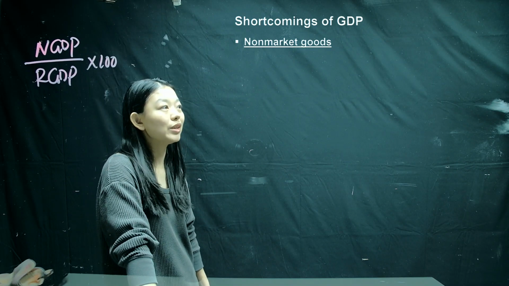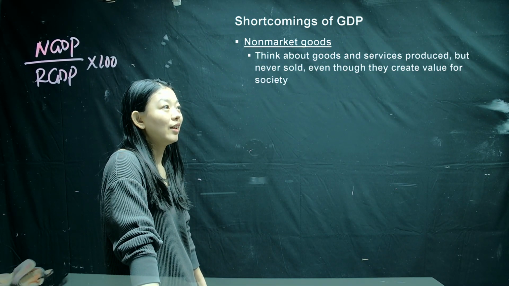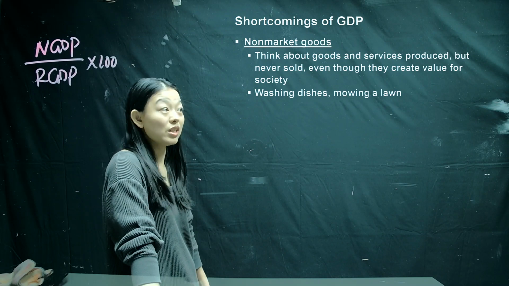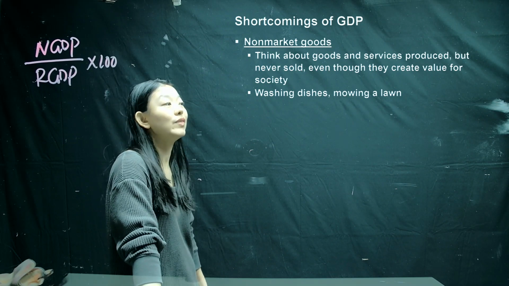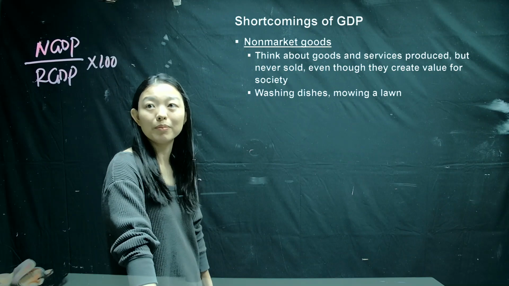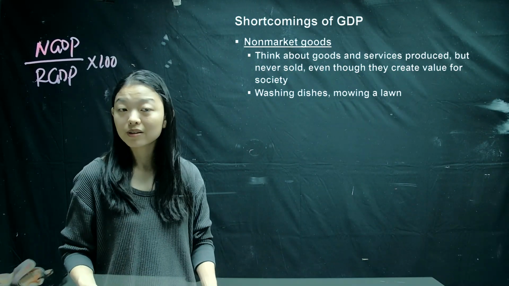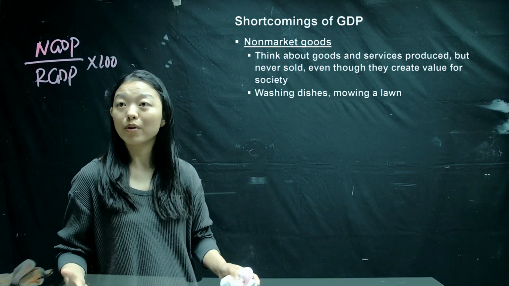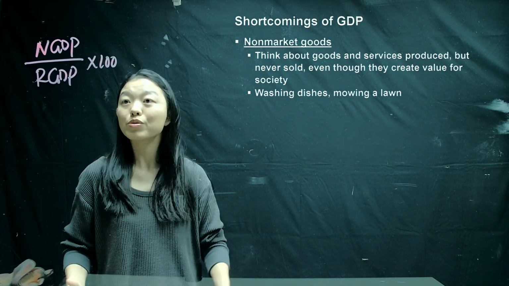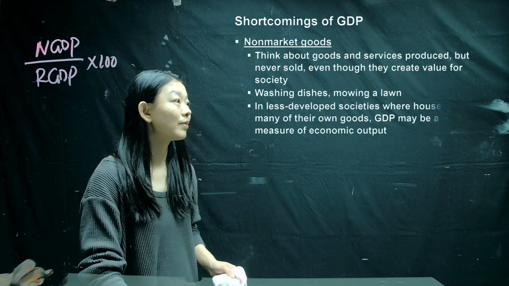So it doesn't include non-market goods, for example, washing dishes at home or mowing a lawn at home. Or, for example, some parents stay at home to take care of the children. Those stay-at-home parents' contributions to the family actually don't count in GDP.